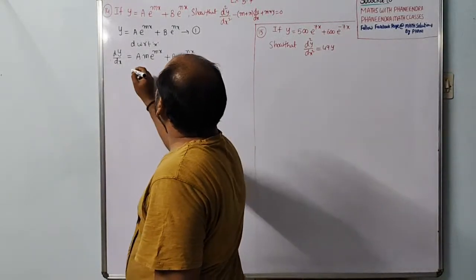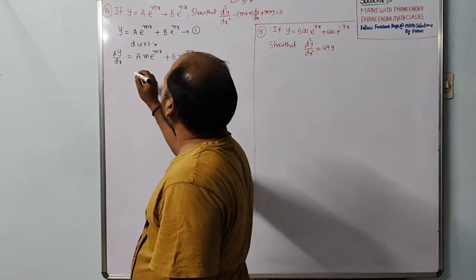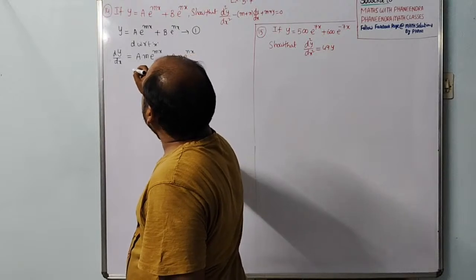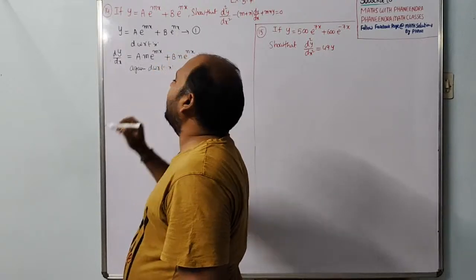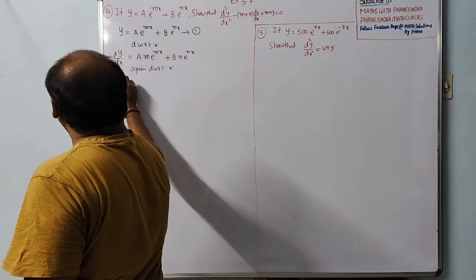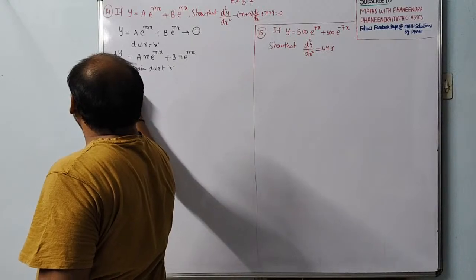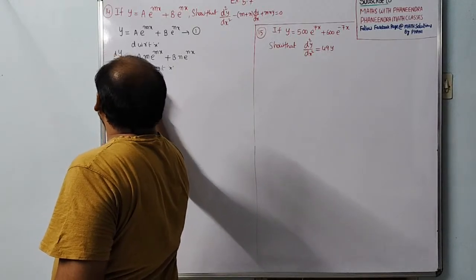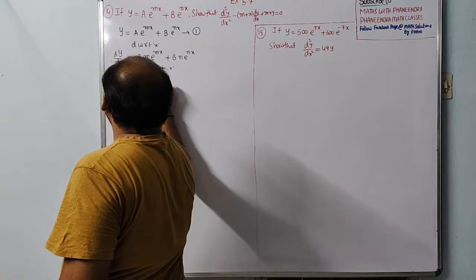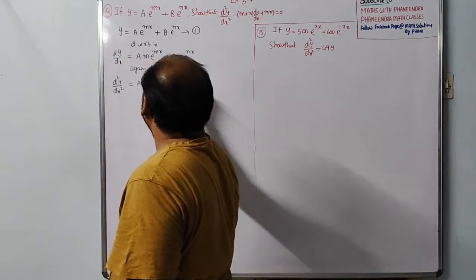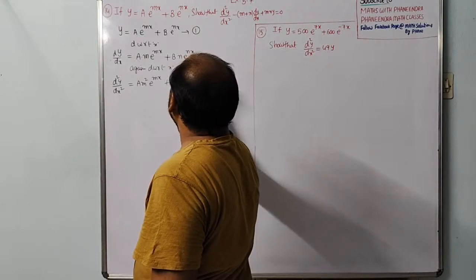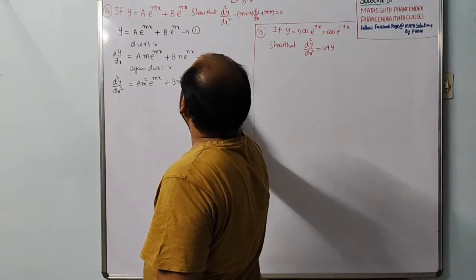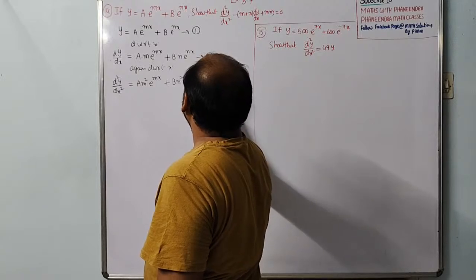So this is equation number 2. And again differentiate with respect to x. So d square y by dx square is a m square into e power mx plus b n square e power nx. Equation number 3.